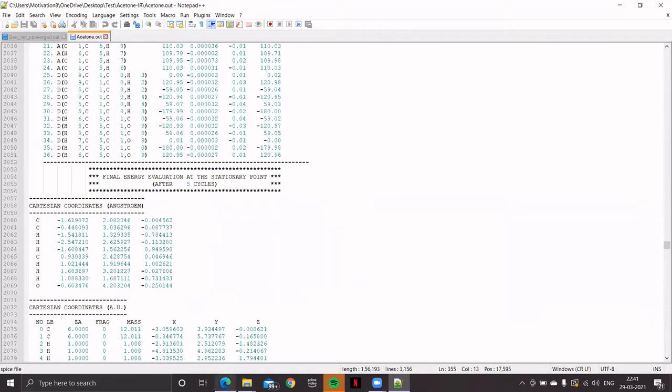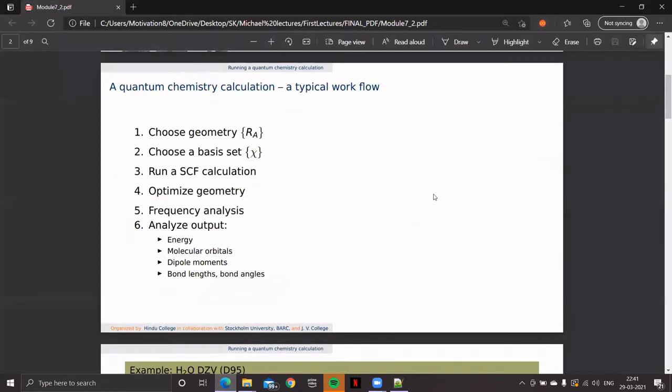Now, in the theory section, in the second lecture, we laid down the typical workflow for a quantum chemistry calculation. That is, for a given geometry with a given basis set, they do a self-consistent field calculation. They repeat that, and ultimately they get the optimized geometry.